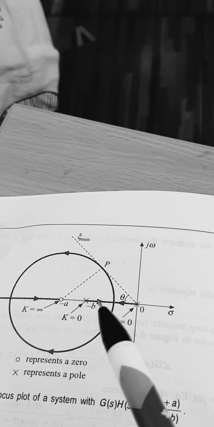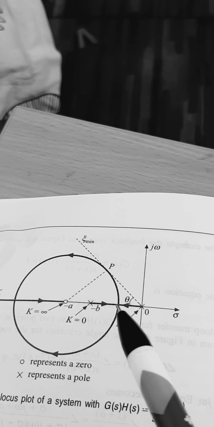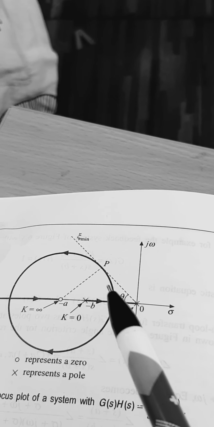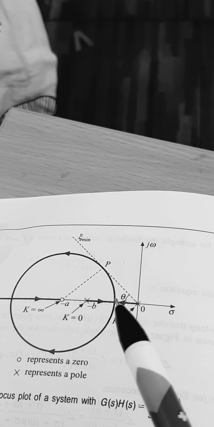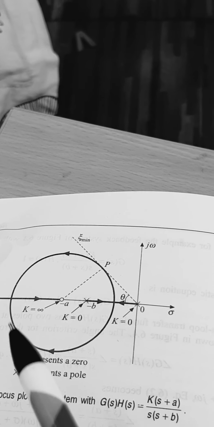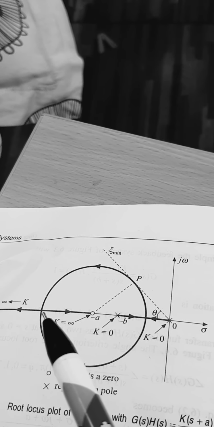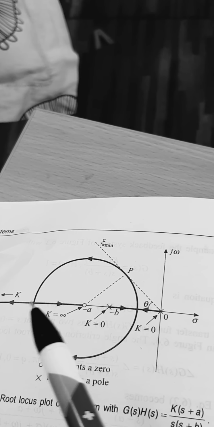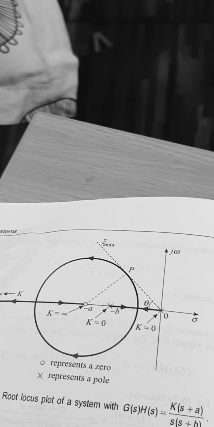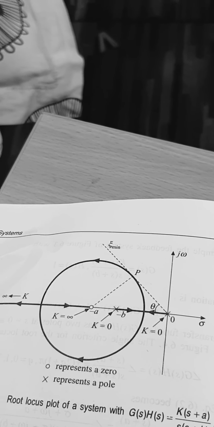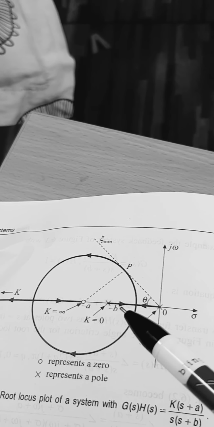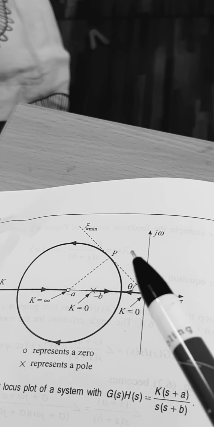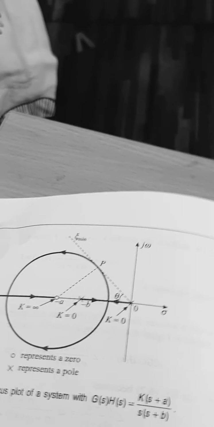The root locus is coming, one is going this way, another is going this route. It will come and combine here. One will go to minus a and another will go to minus infinity. So this is a simple example. That's all I need to explain.